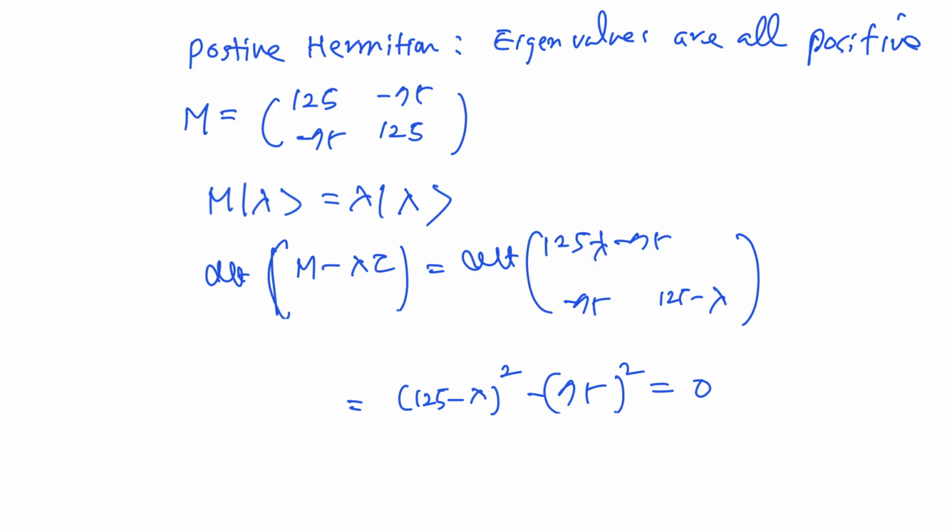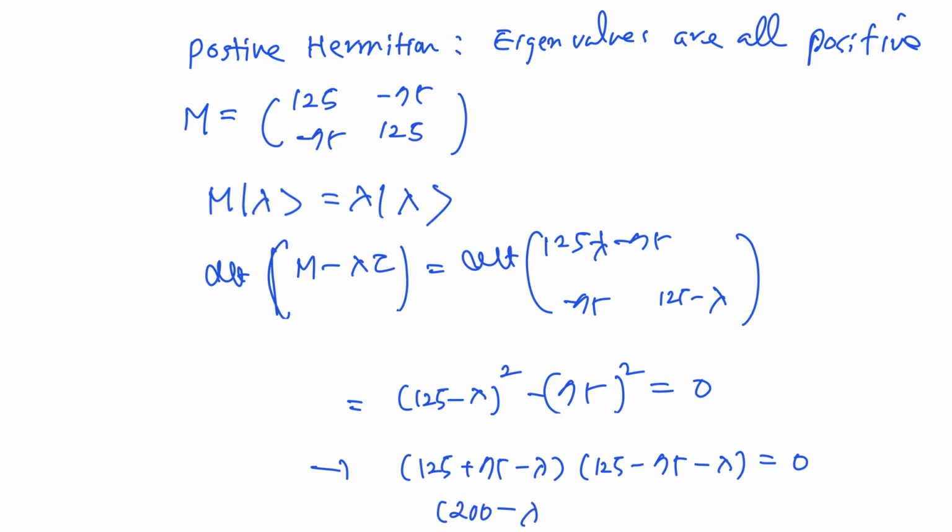So, or 125 plus 75 minus lambda, times 125 minus 75 minus lambda, is equal to 0, right? So 200 minus lambda, 50 minus lambda is equal to 0. So lambda is 50, 200.